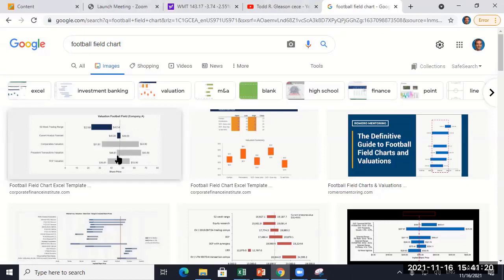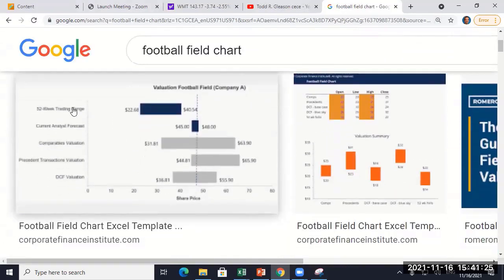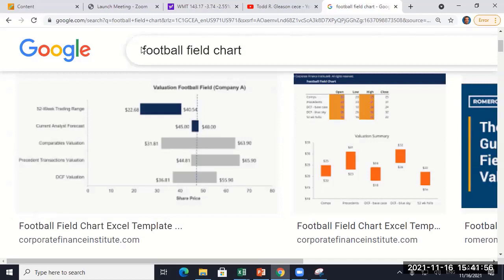What you can do here is put the 52-week range, what it's done the last 52 weeks. You can put your dividend discount model as a range, your cap earnings as a range, your discounted cash flow as a range. Why I disagree with them is where they put this line. This line to me would be the current stock price. If you don't know how to do a football field chart, guess what you do? You type how to create a football field chart. There's a wonderful video.